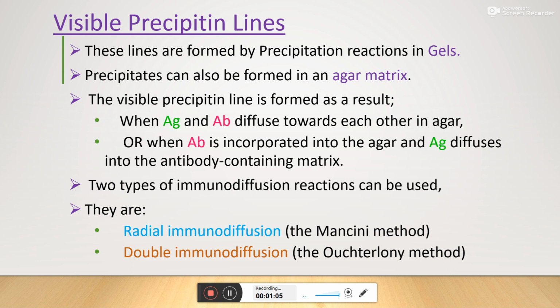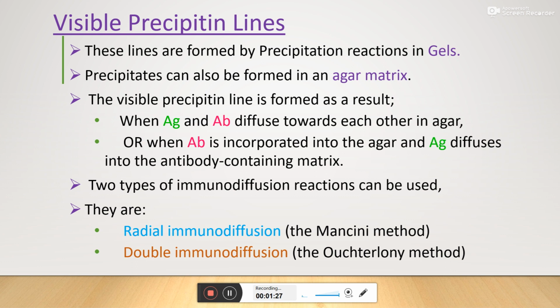Precipitation reaction can also occur in an agar matrix, and this line is formed for two reasons. When the antigen and antibodies are incorporated in the agar and allowed to diffuse toward each other, they form visible precipitin lines.